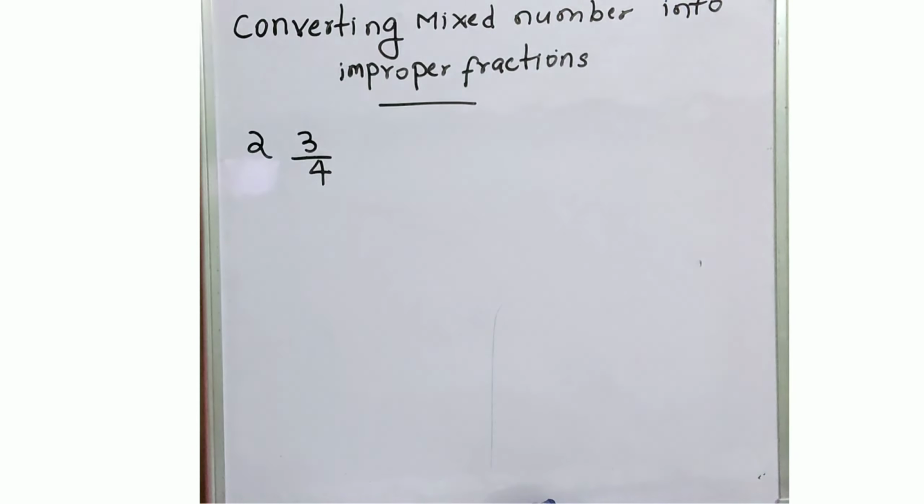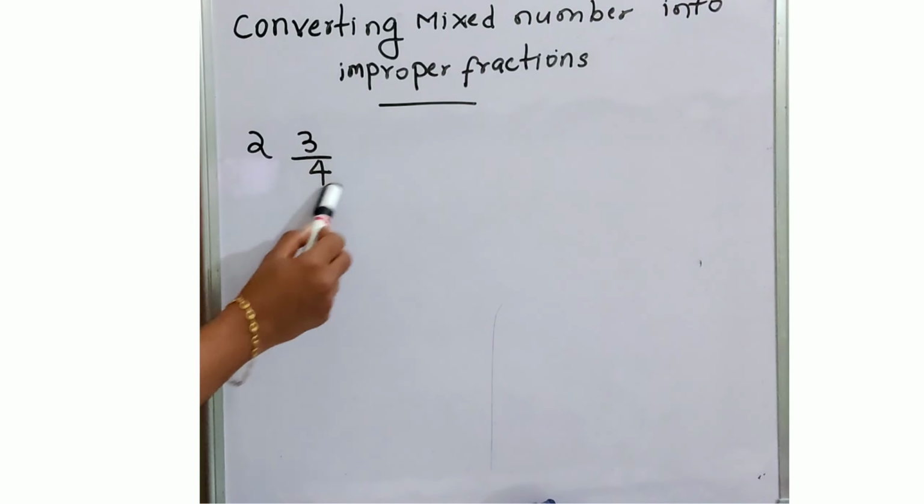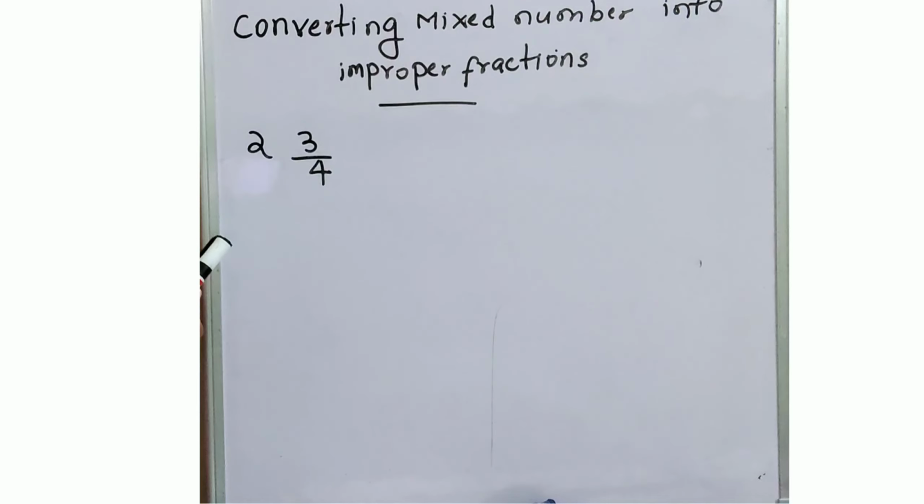So now we are going to convert the mixed number 2 3 by 4. It is a mixed number because it contains a whole number 2 and a fraction 3 by 4. Now you want to convert this mixed number into an improper fraction.